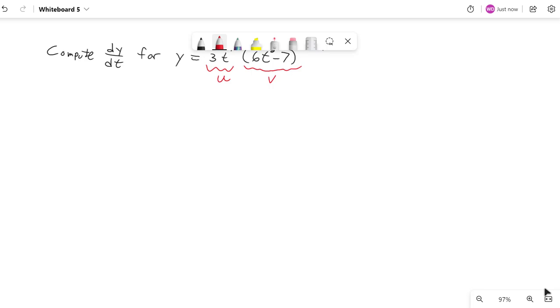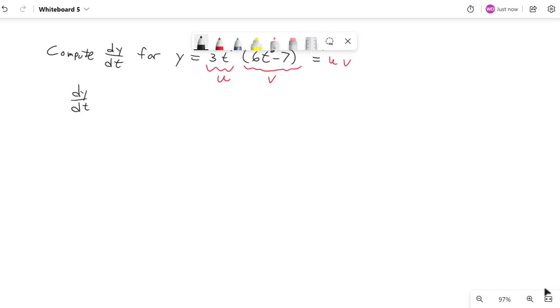Okay, so next, we're going to write down the derivative rule if I had written it that way. So this is really the same as saying y equals u times v. Then, when you want to know what the derivative is, that's the derivative of y in terms of t.